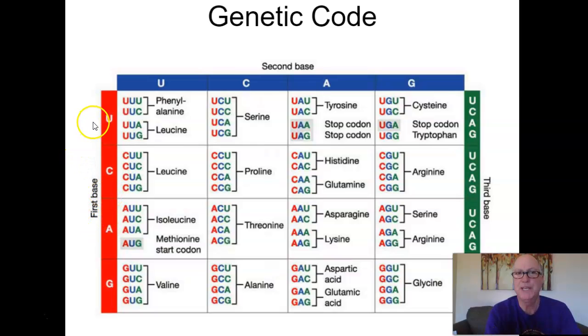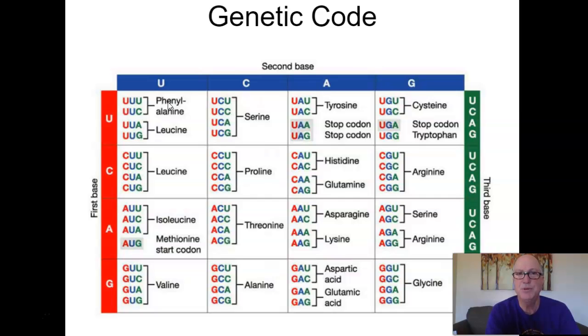So, for example, if UUU was on the messenger RNA, you would look at the first base U, second base is U, so we know we're in this box, and the third base, it says over here, is a U, so you come across that row. UUU codes for the amino acid phenylalanine.